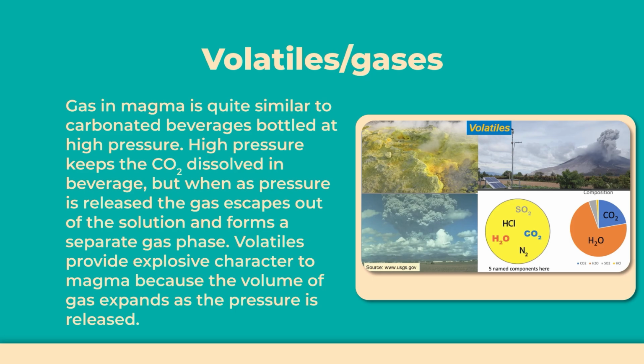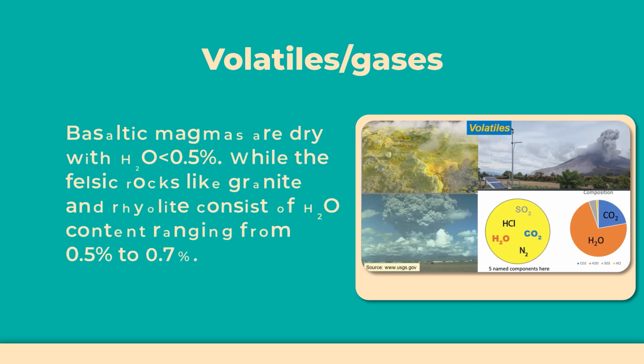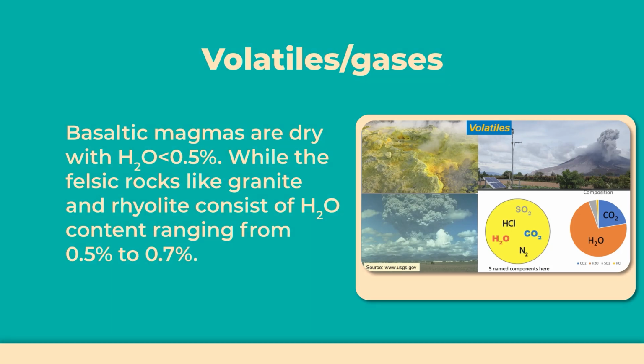So the volatiles provide explosive character to the magma because the volume of gas expands as the pressure is released. Basaltic magmas are known as dry magmas because they have low volatiles, and H2O that is less than 5%, whereas felsic rocks like granite and rhyolite consist of high H2O content that ranges between 0.5% to 0.7%.